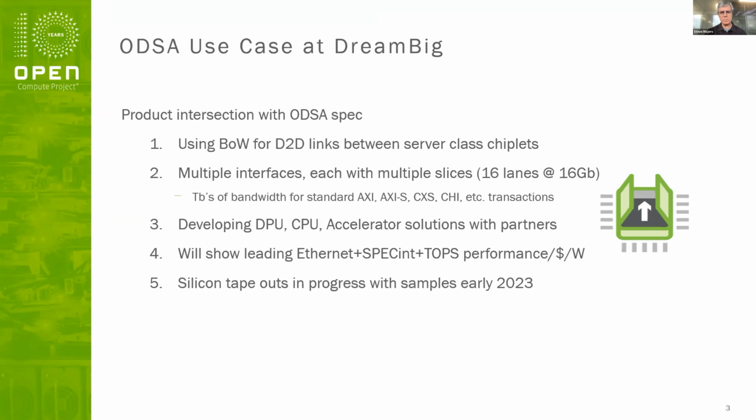We're using this platform to develop DPUs in the case of DreamBig specifically, but also CPUs and accelerator solutions with our partners. We'll be showing leading performance per dollar per watt with these solutions, with silicon tapeouts that are currently in progress and early samples of the first use cases early next year. Next slide, please.